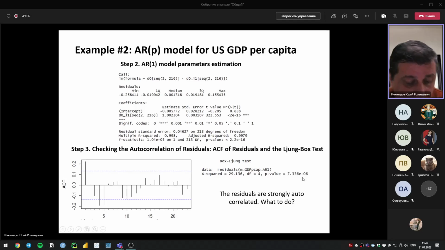That is, the probability of making a mistake by rejecting the hypothesis of absence of autocorrelation is 0. Through the PACF, we see that we have no alternative. But here it is obvious that if we increase the order of the model, then somehow it is not clear. PACF probably doesn't work.